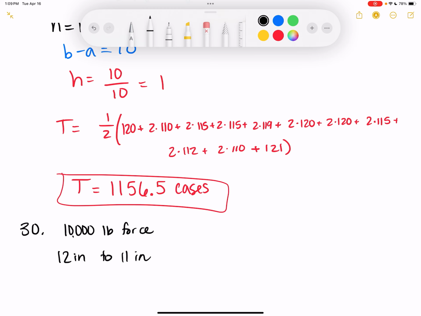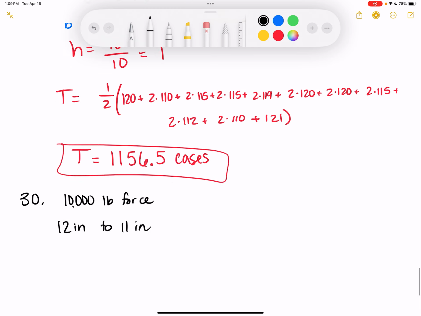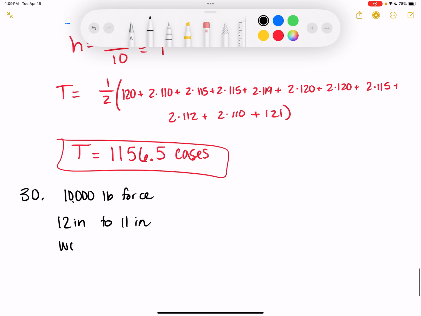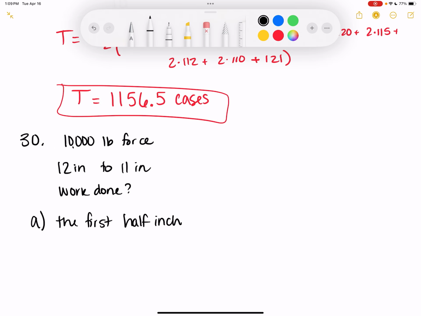How much work was done in compressing the spring? Part A says the first half inch. So to get it from 12 inches to 11.5 inches, we look at that first, and then we'll look at the second half inch, so 11.5 to 11.